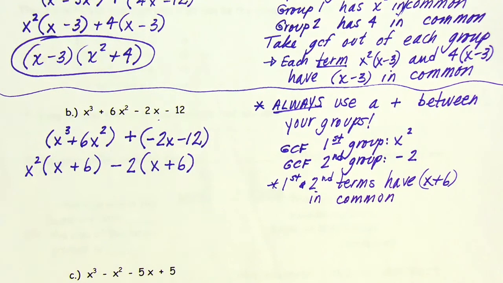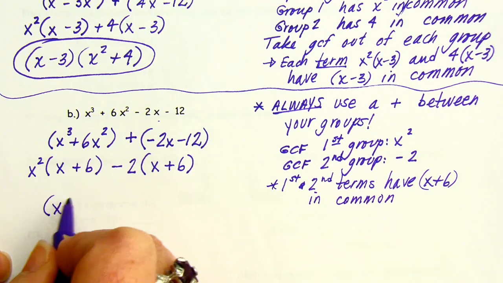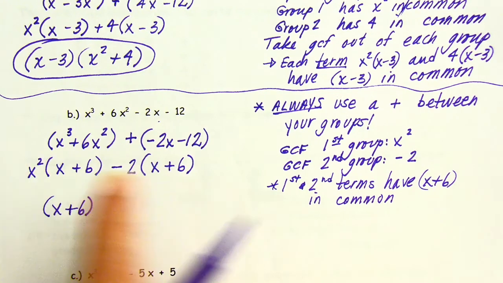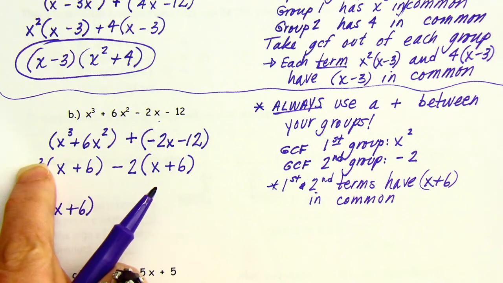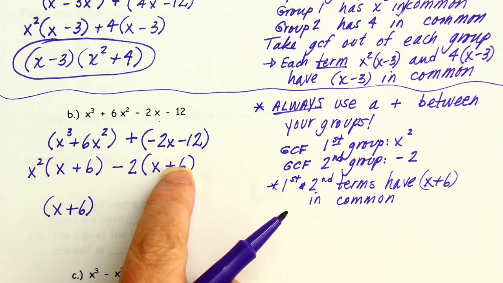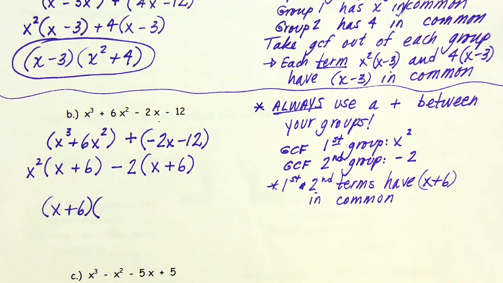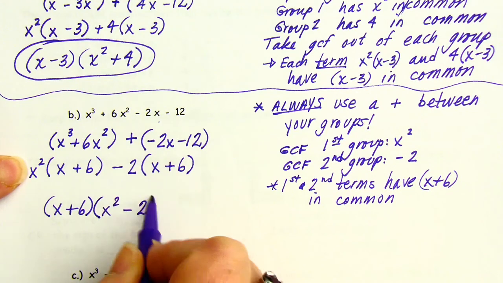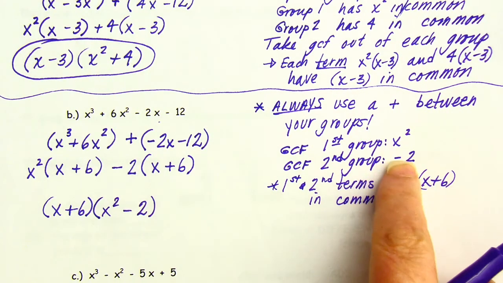And you write it on the outside just one time. And now I'm going to divide this term and this term by quantity x plus 6. And what's left is x squared, subtract 2. It's actually what you have over here if you write this work down.